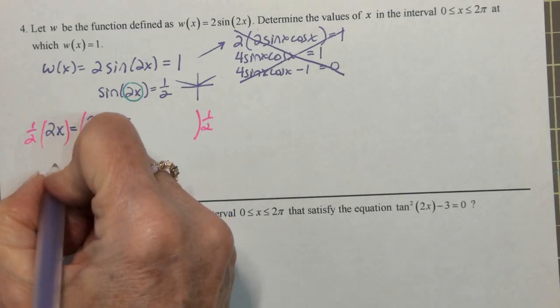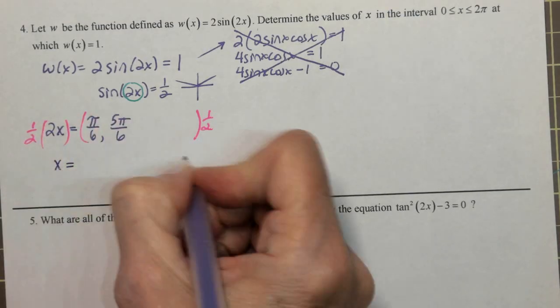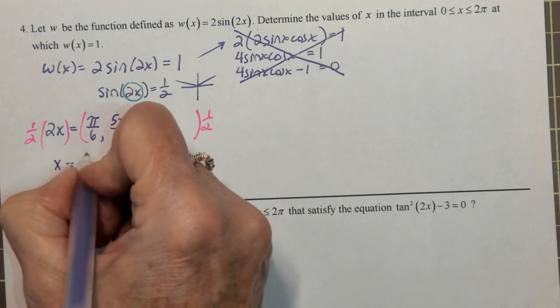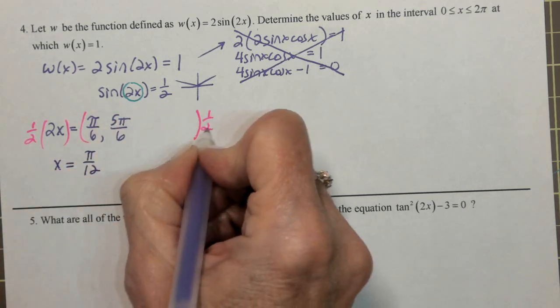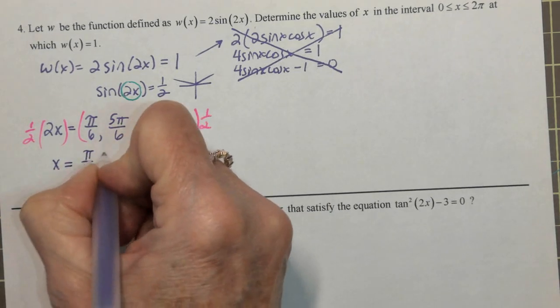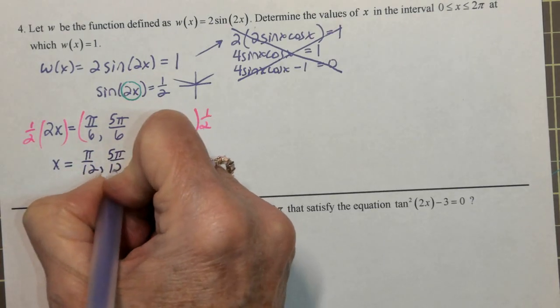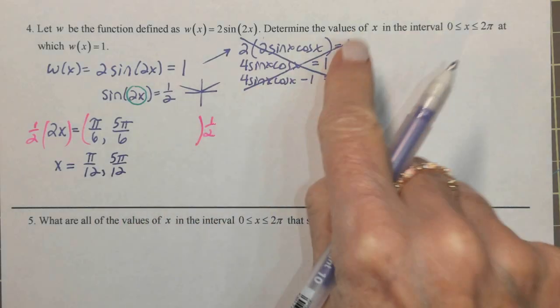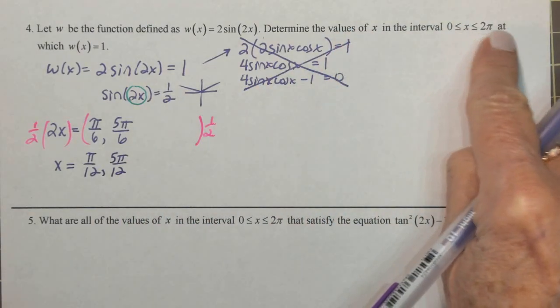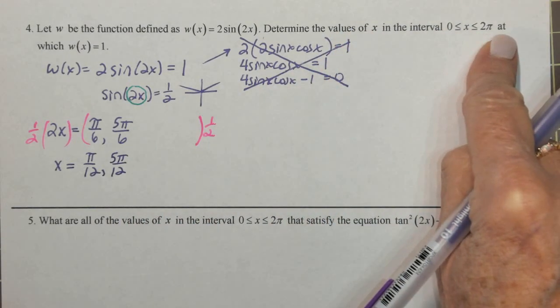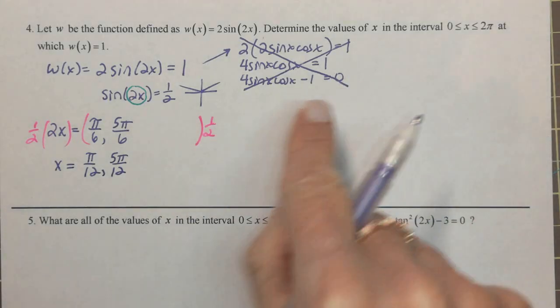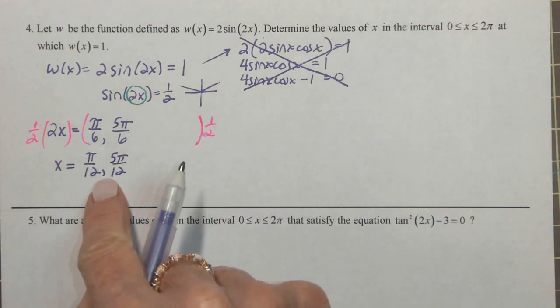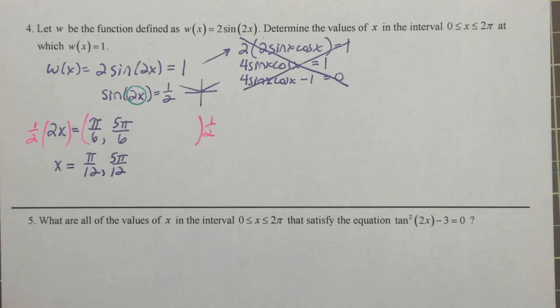Then I get x equals pi over 12, because you're multiplying by a half, and 5 pi over 12. Here's the problem. We needed all the values of x between 0 and 2 pi. Did we get all the values of x between 0 and 2 pi that make this true?